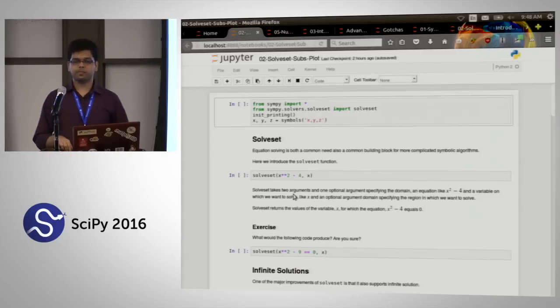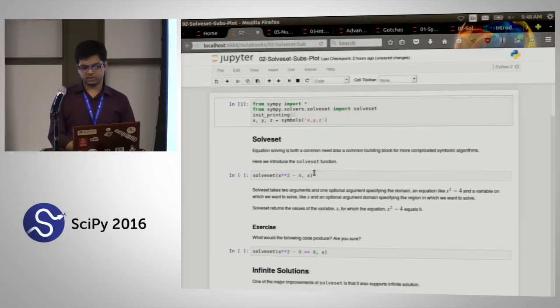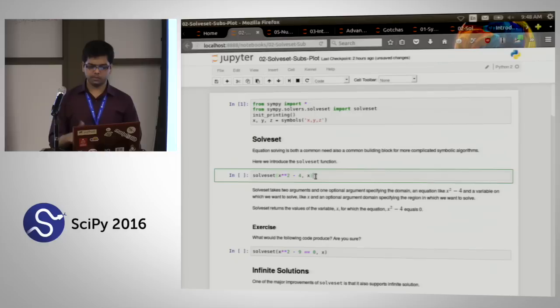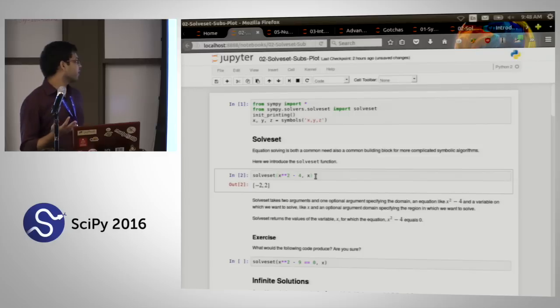So we have a function called solveset, which can solve equations symbolically, and it returns a set of the solutions. So as usual, we init the SymPy printing and define the symbols. Then if you want to solve a basic quadratic equation like this, I just do solveset, then the expression and the variable I'm solving it for.